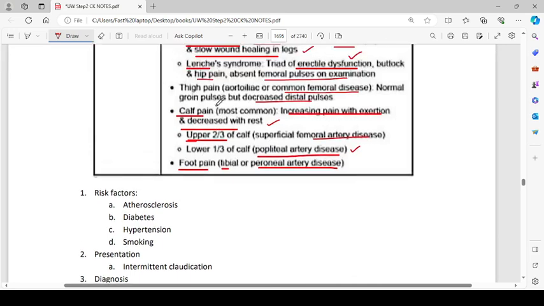If we are having claudication, like calf pain presents with claudication, when the person starts to walk and then he starts having pain, if the pain is involving the upper two-thirds of the calf, it is superficial femoral artery disease. And if the pain is in the lower one-third of the calf only, it is popliteal artery disease. Foot pain is because of tibial or peroneal artery disease.